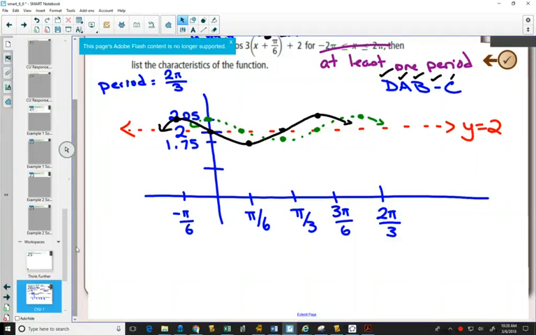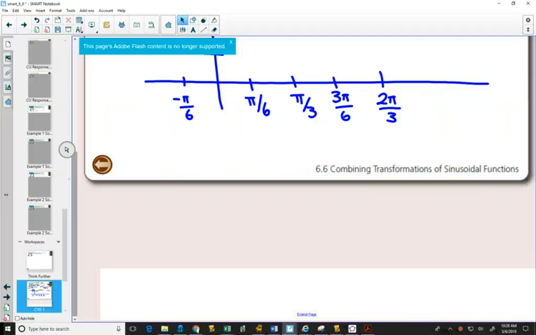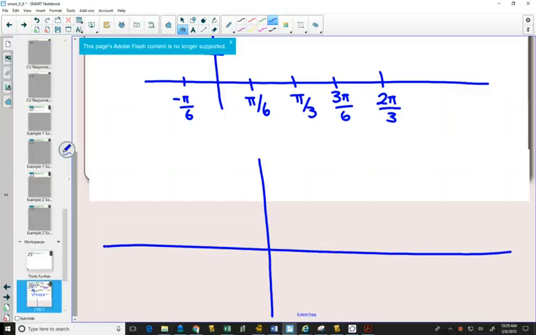I would graph it with one period using DAB-C, and then after I've graphed it once, I would say, if I was supposed to graph it between 2 pi and negative 2 pi, what would that look like?